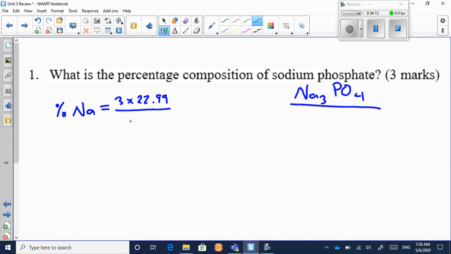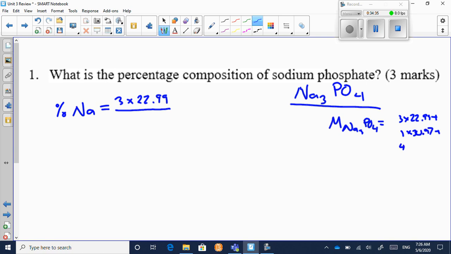So I'm going to go over here and calculate the molar mass of sodium phosphate. And so here we go. It's 3 times 22.99 plus 1 times 30.97. That's for the phosphorus.